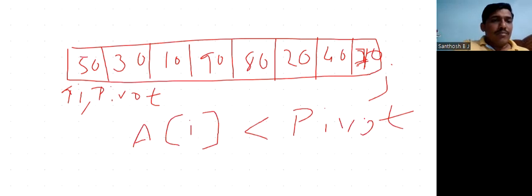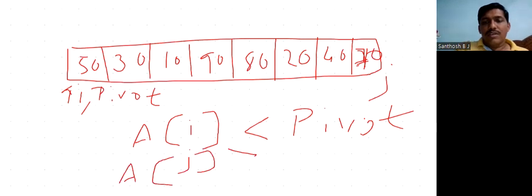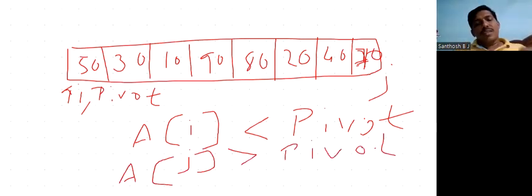The condition is: A of J is greater than the pivot value. If the condition is true, you decrement the J value until the condition is false.